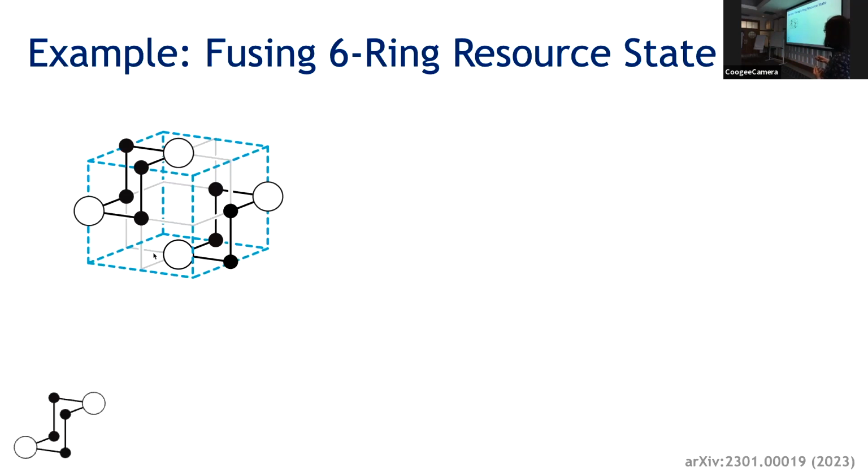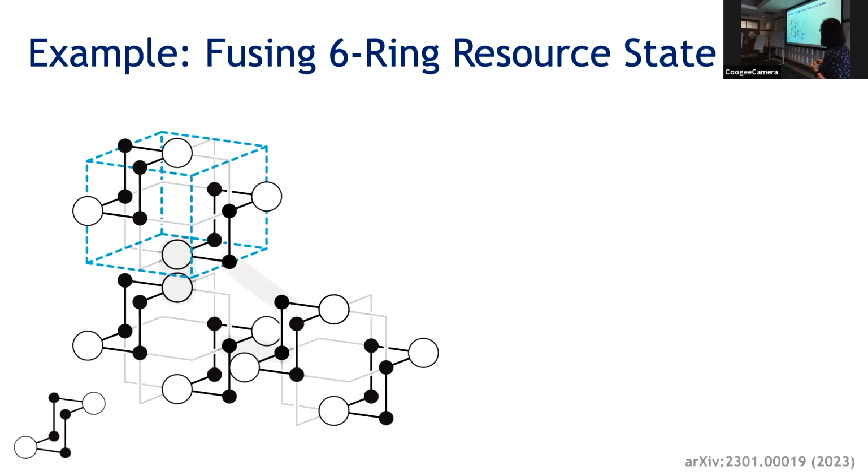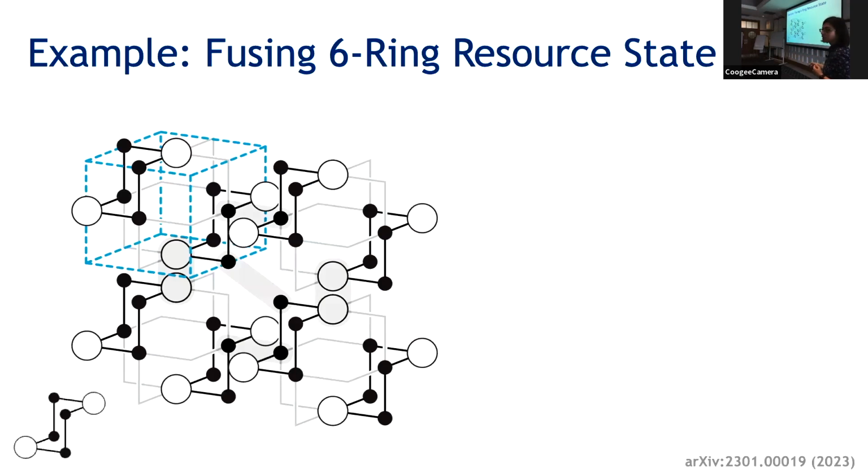So I'll now start stacking these. When I do this for every unit cell, there'll be a unit cell at the bottom, and I will stack the 6-body resource states as such, and I'm now going to fuse these 2 qubits into one single qubit, and you'll see that these 2 missing bonds from the first unit cell will be inherited from this second unit cell here. This is just a diagrammatic intuition. And I just keep on doing this for every unit cell.